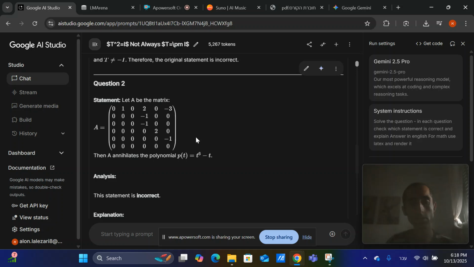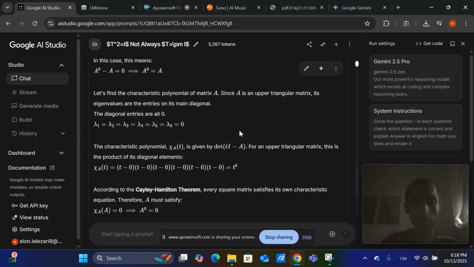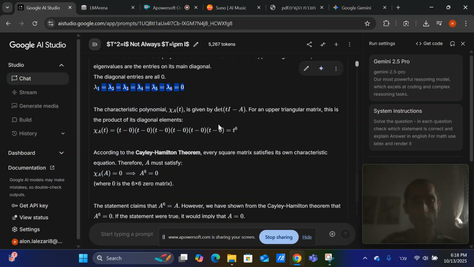You can very easily check: calculate A minus lambda I, take the determinant, and you'll get that all the eigenvalues are 0. Namely, the characteristic polynomial of this matrix is lambda to the power of 6.